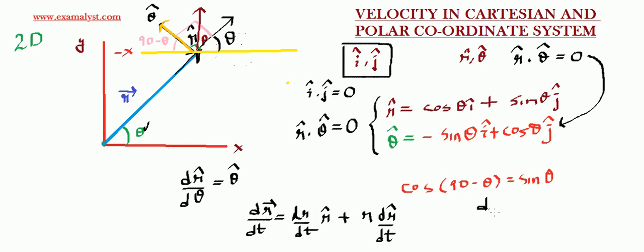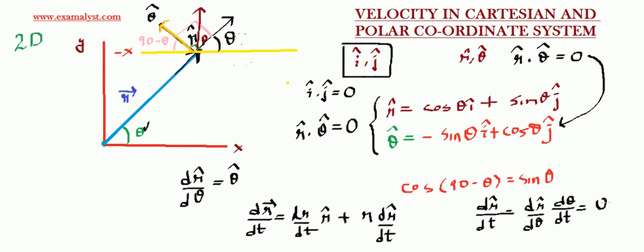d r cap divided by dt is equal to, now r cap is a function of theta, so it is better I write d r cap divided by d theta into d theta divided by dt, because here theta is a function of time. So dr cap by d theta is theta cap.